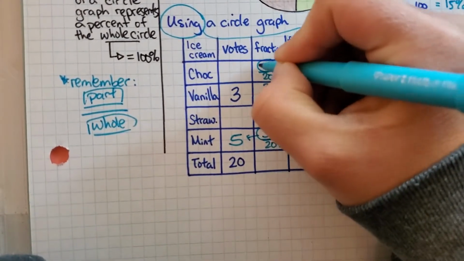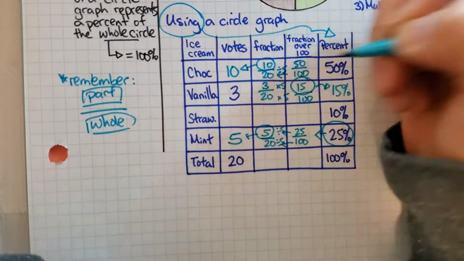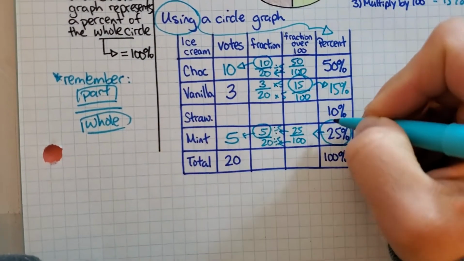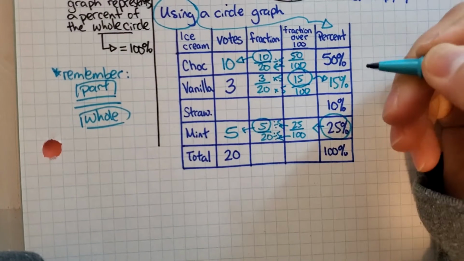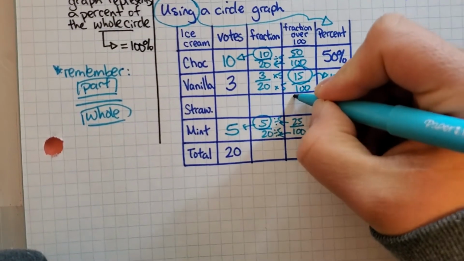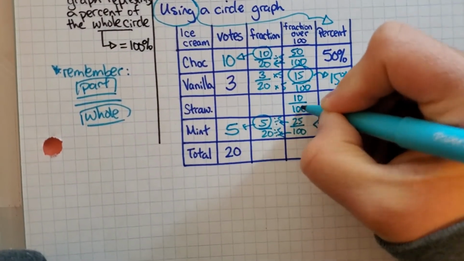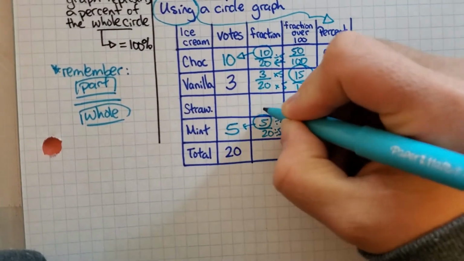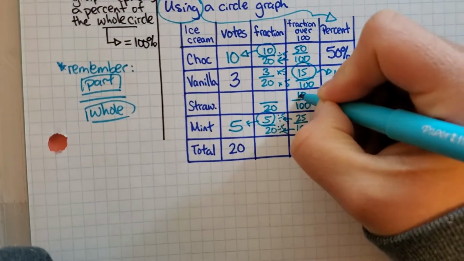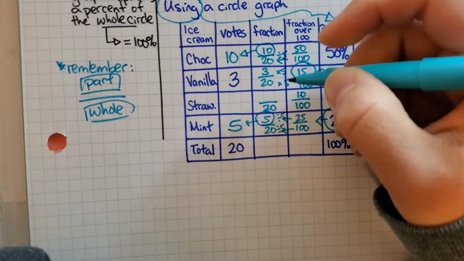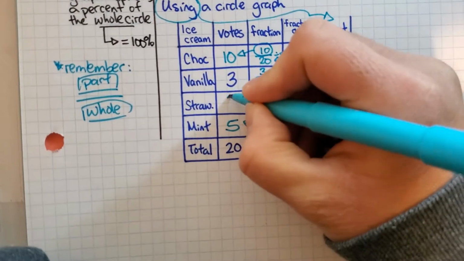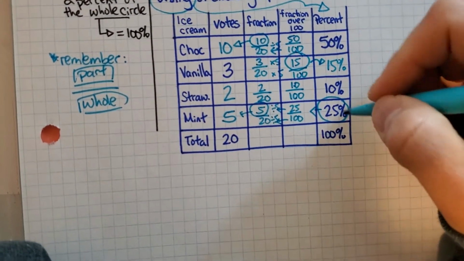So that means 10 votes. 10%. All right, so that's going to be 10 over 100. Divide by 5, get 20. Divide by 5. What do we get? Oh yeah, 2. 2 people like strawberry.